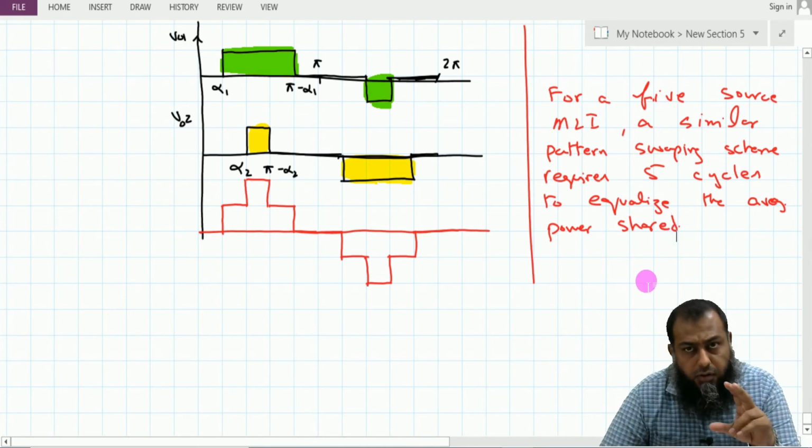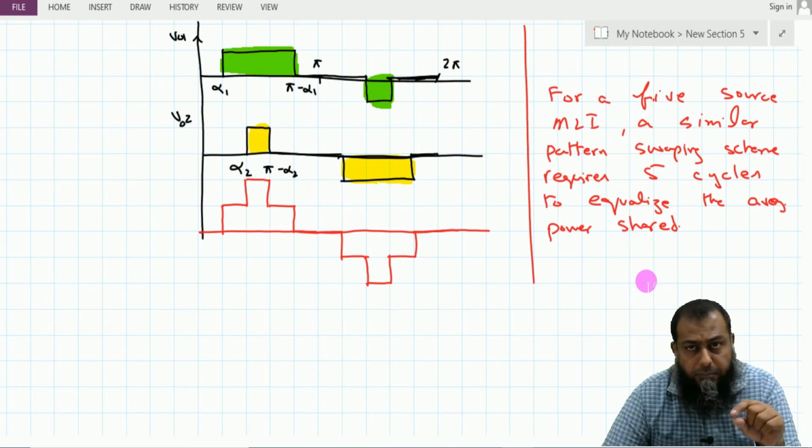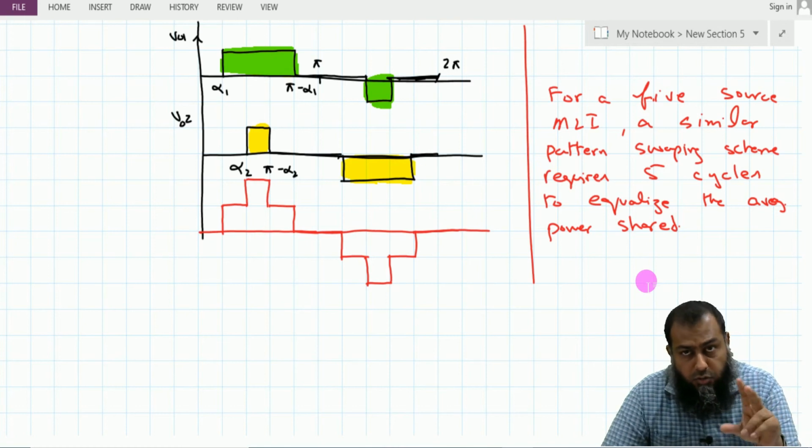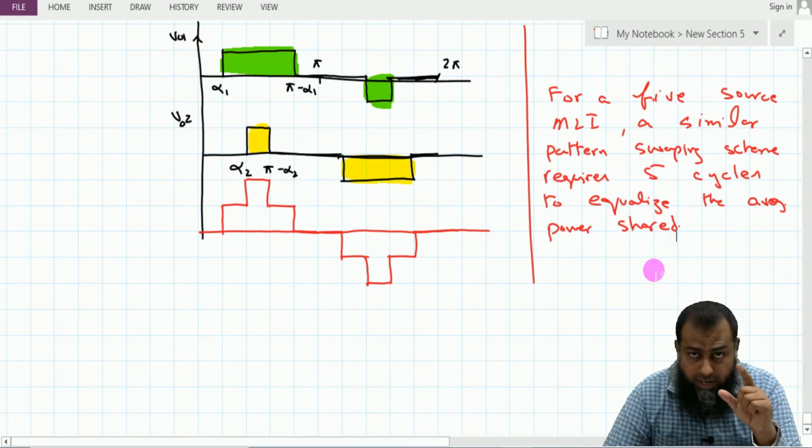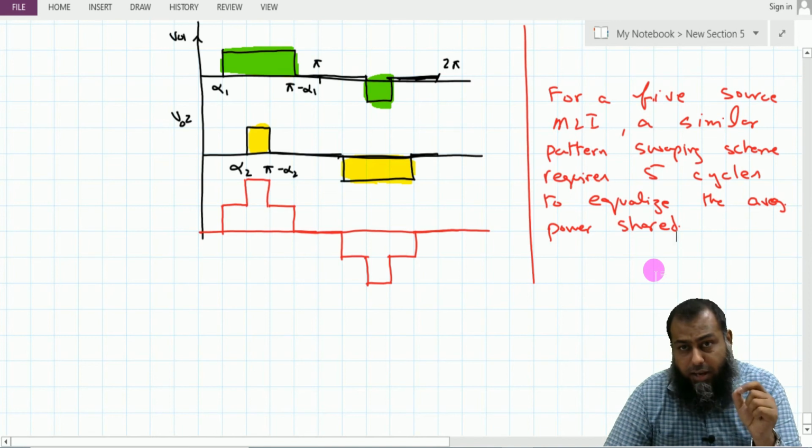This is one way of developing average power sharing among the different sources.